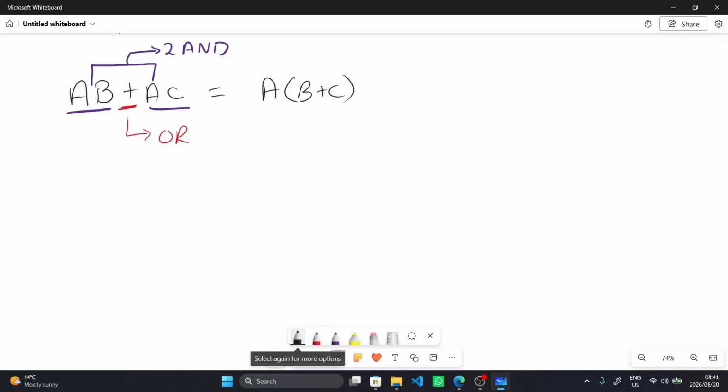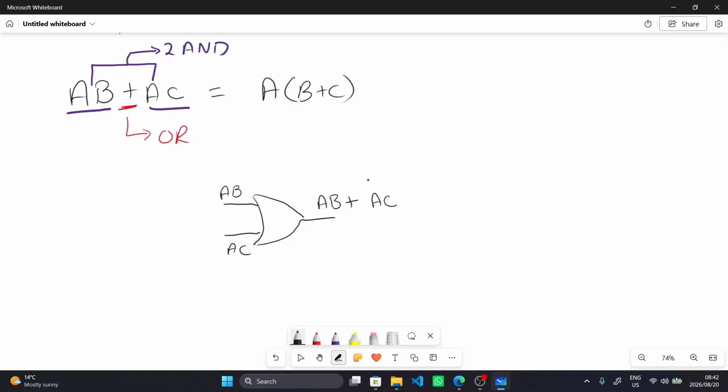And how do we draw this? We work our way back. First we start with the OR gate because it's adding 2 variables already. So we have our OR gate here. Our output will be AB plus AC, so one input is AB, the other input is AC. Then we go to multiplication.